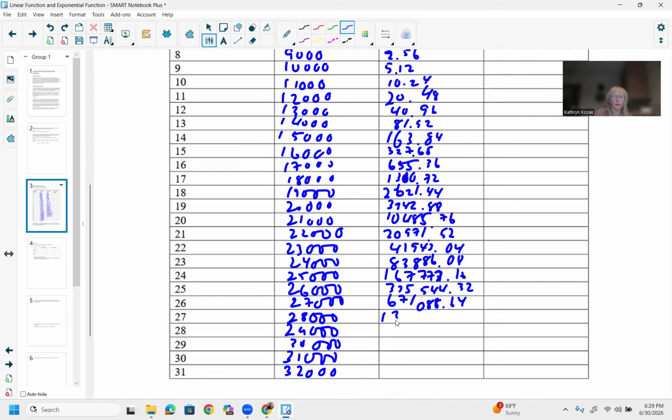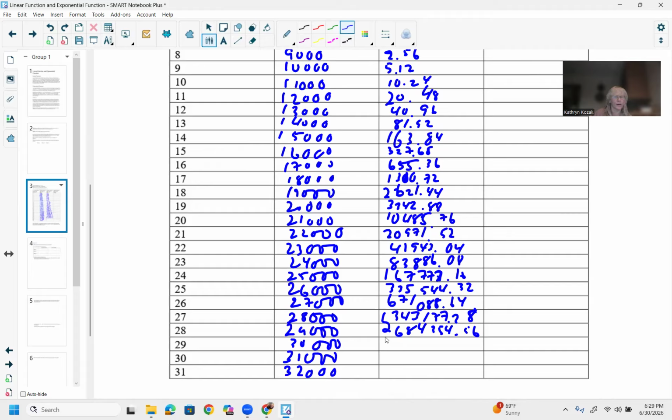We're going to be at $1,342,177.28. Then double that again. We're going to be at $2,684,354.56.